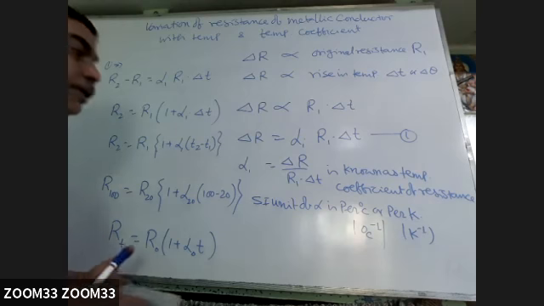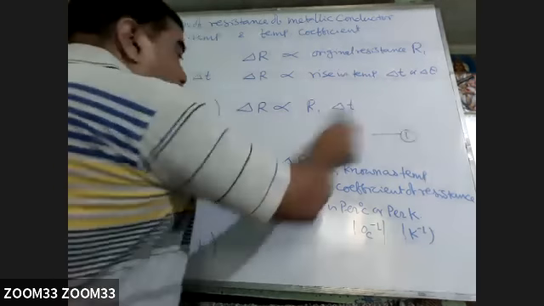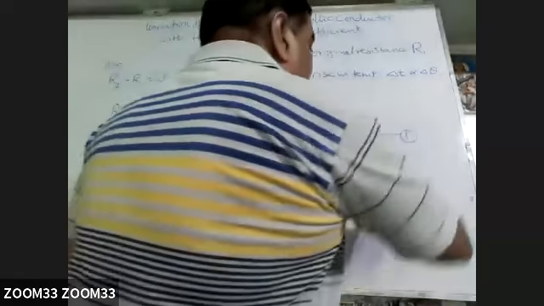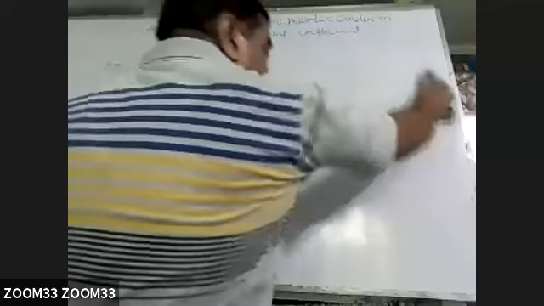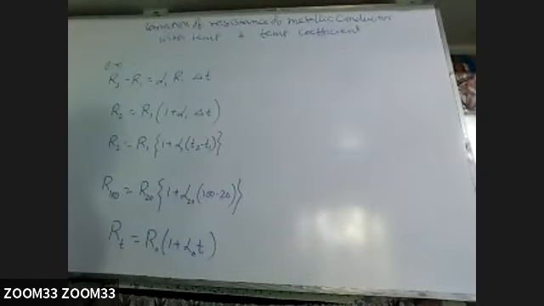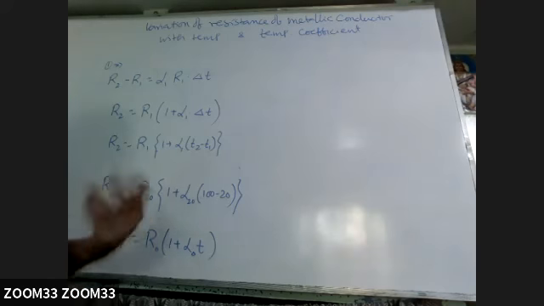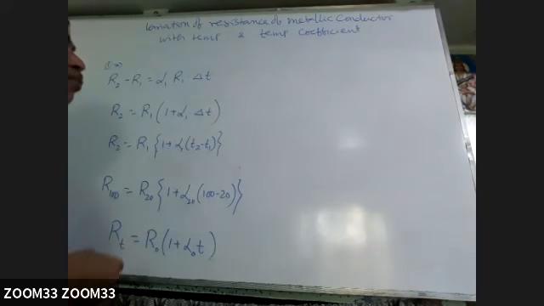Sometimes R1 will be given at 50 degrees Celsius and you will be asked the resistance at 100 degrees Celsius, with the temperature coefficient given at 0 degree. Then how will you solve?